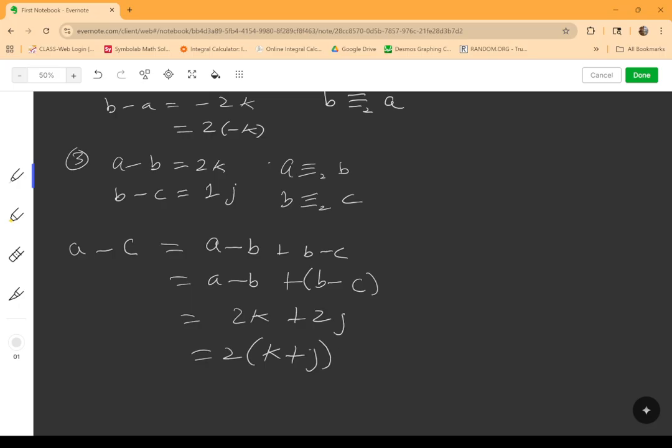So now we have that A has the same relation to C. The transitive property checks out. So now we can conclude that this relation is an equivalence relation.